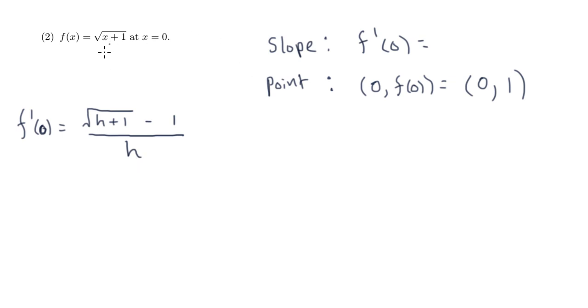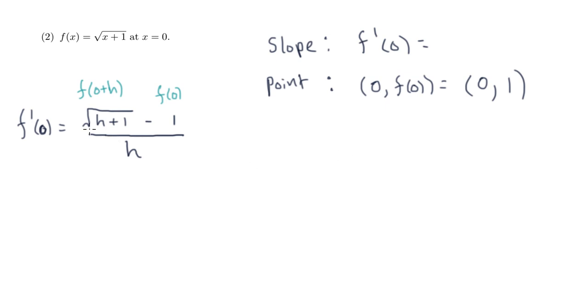Well, I plug in a plus h for x, but a is 0, so I plug in 0 plus h, so this is f of 0 plus h. Let's just write that up here. This is f of 0 plus h, and then this is f of 0, but we already found that f of 0 is 1. Okay, so then I just subtract those two quantities, and divide by h.